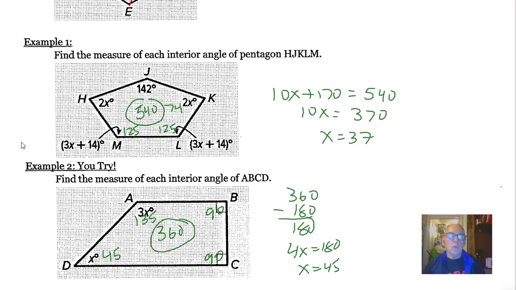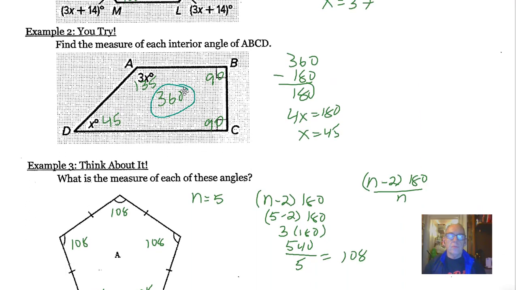So example 2, here we have a quadrilateral. With a quadrilateral, we can break that up into 2 triangles. 4 take away 2 times 180, which is 2 times 180, which is 360. So all these angles need to add up to 360 because it's a quadrilateral.